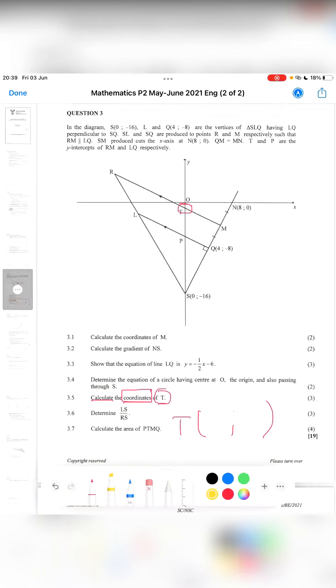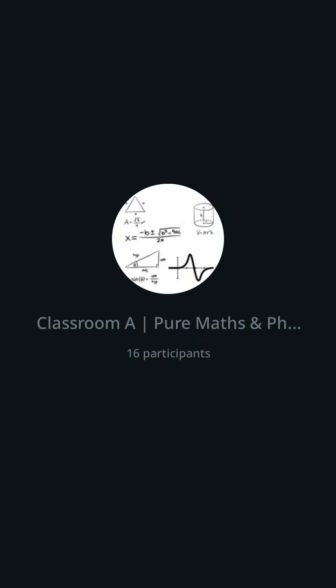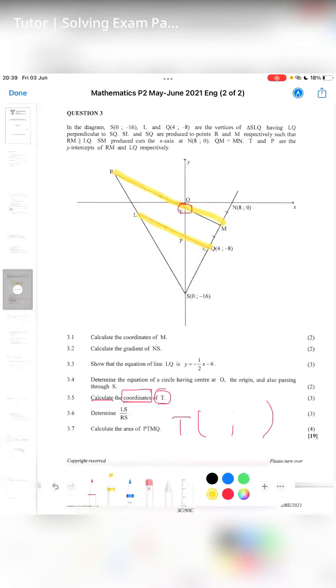I know very well that these two lines are parallel to each other, which means if I know the gradient of LQ, I can easily calculate the gradient of RM, or otherwise TM.